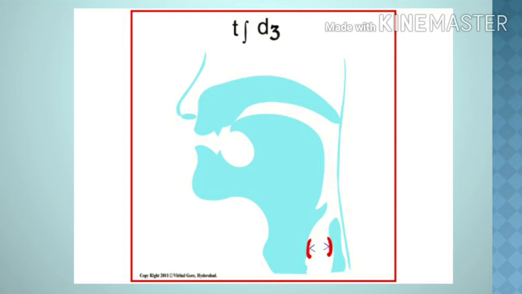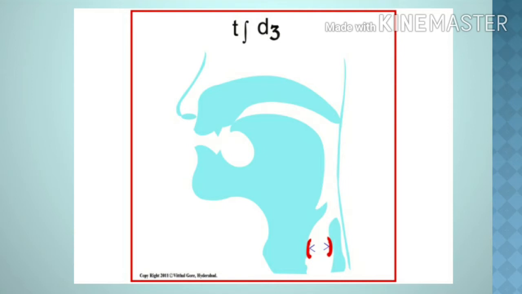So there is a close contact between the blade of the tongue and the passive articulator, the palato-alveolar region. Why do I call it palato-alveolar? That place is the end of the alveolar ridge and the beginning of the palatal.